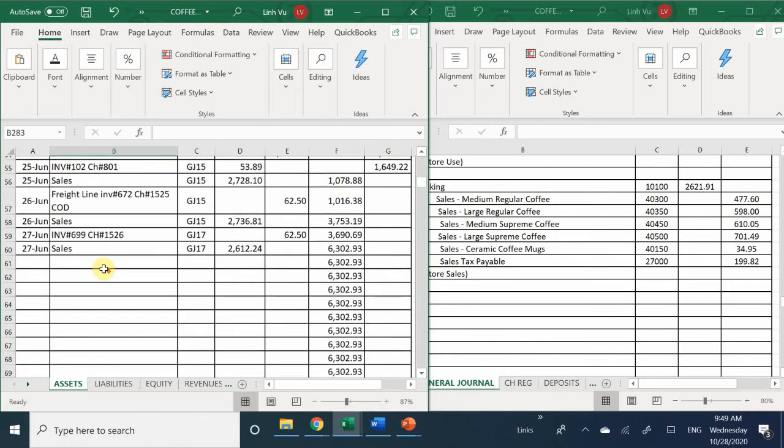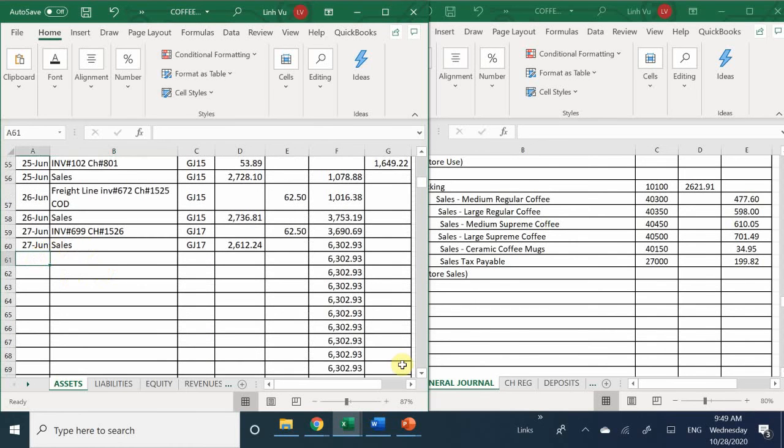And then we're going to put sales in general journal 18, and debit it for 2,621.91. Bringing a grand total to be.